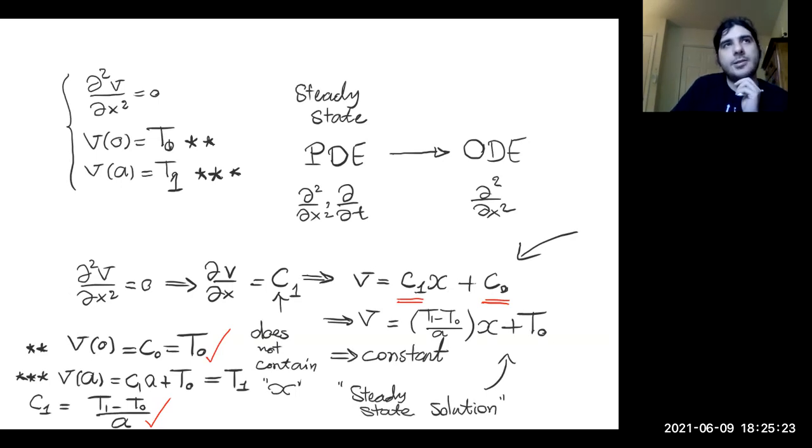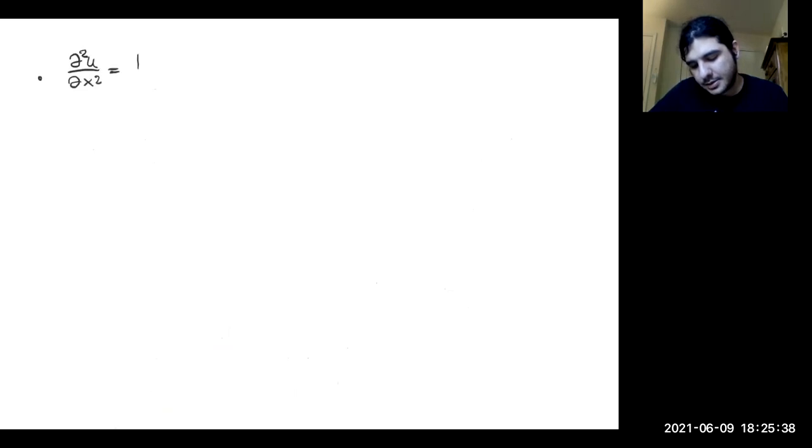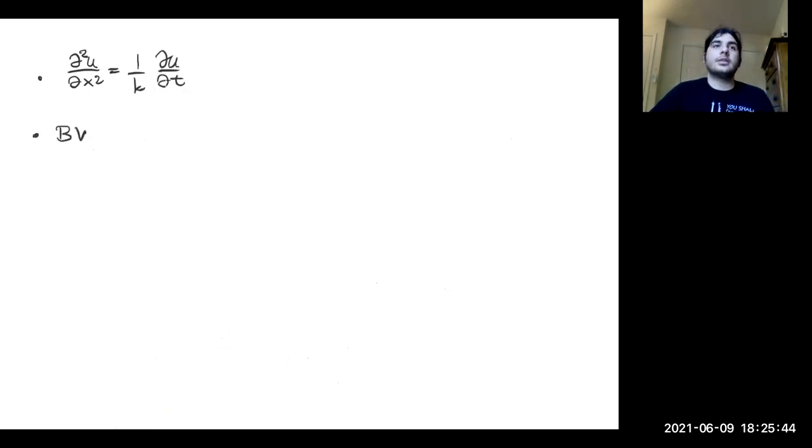Okay, great. So let's look at one more example of this steady state problem. Our second example would be the same equation: the second derivative of u with respect to x is equal to a constant times the derivative of u with respect to t. Our boundary value condition is the other condition we had.